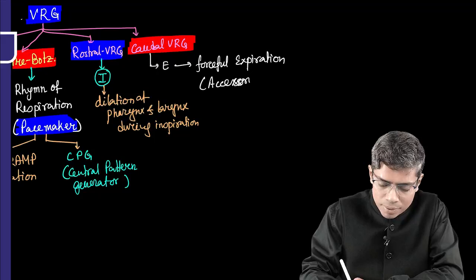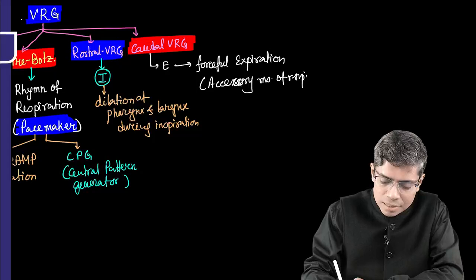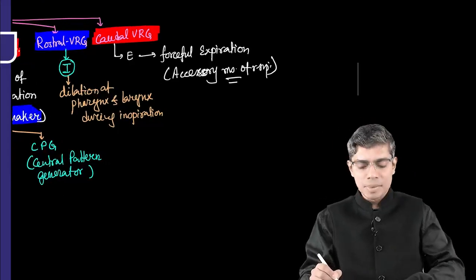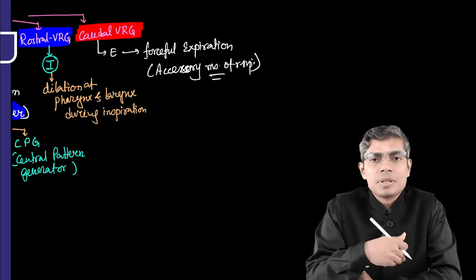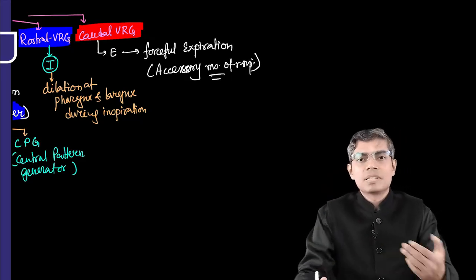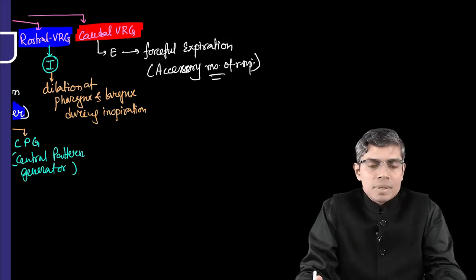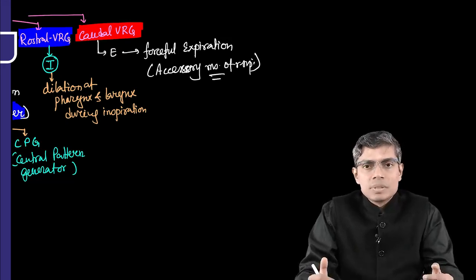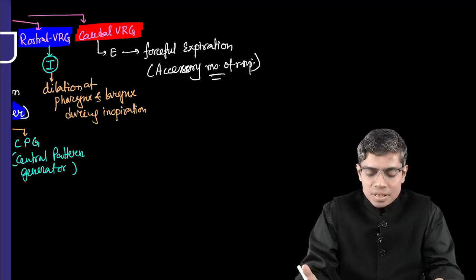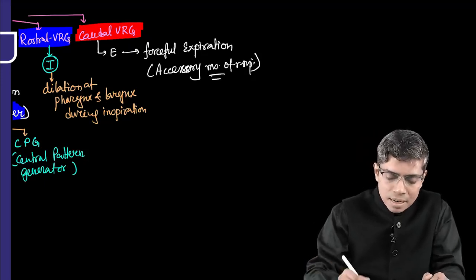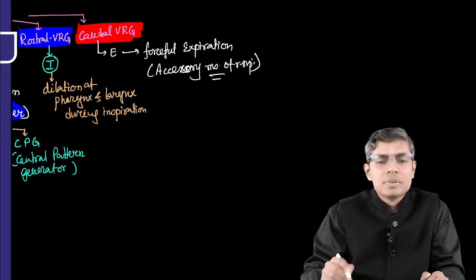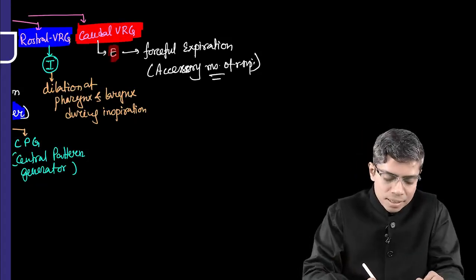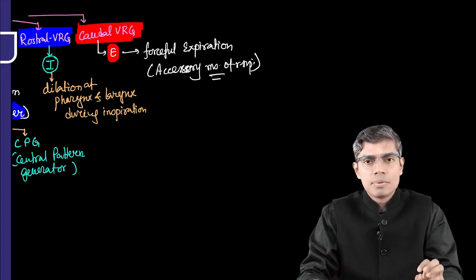The control of the accessory muscles of respiration, like for example your abdominal muscles, your internal intercostal muscles, all these muscles should be contracted during forceful expiration, and this control is done by this caudal part of the Weiergy.